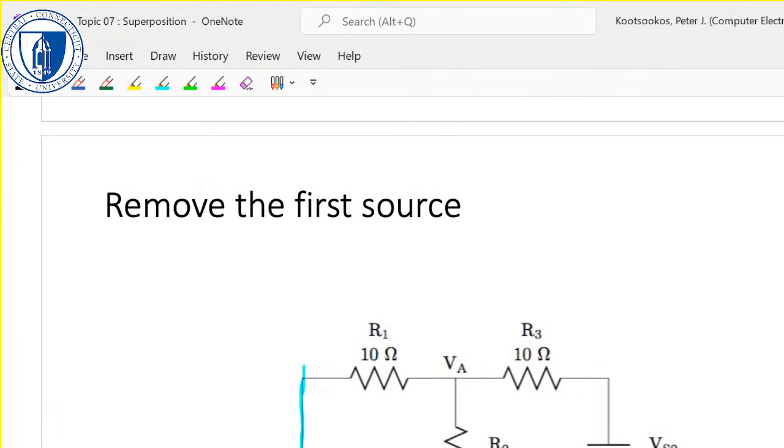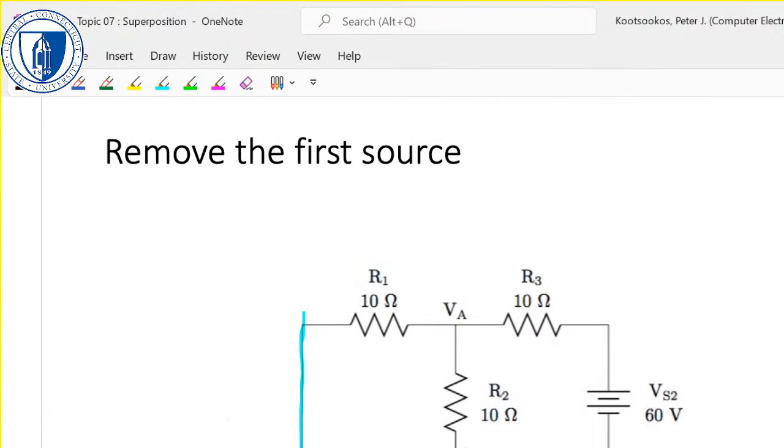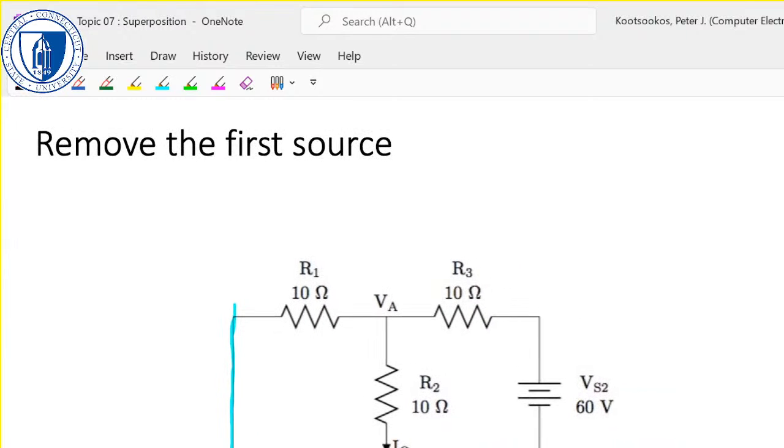Now, this one should be easy enough to figure out. We don't even need nodal or mesh. Now that we've got it like this, we can just say that we have R1 in parallel with R2, and that equals 5 ohms.